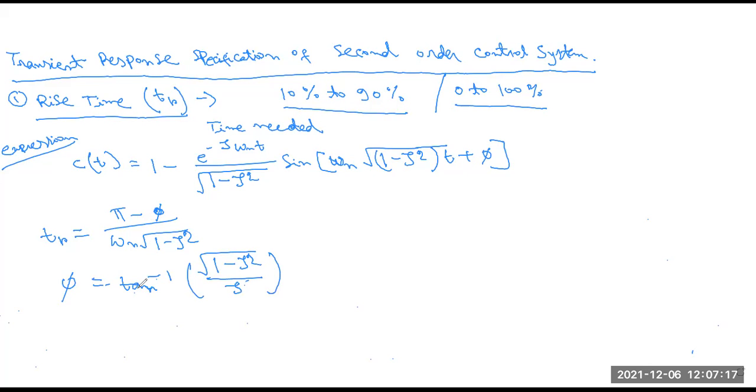So these are the expression of the rise time of the transient response analysis of the second order control system. The time needed is calculated for 10 to 90%, and another one is 0 to 100%. So these are the basic conditions for the rise time t r.